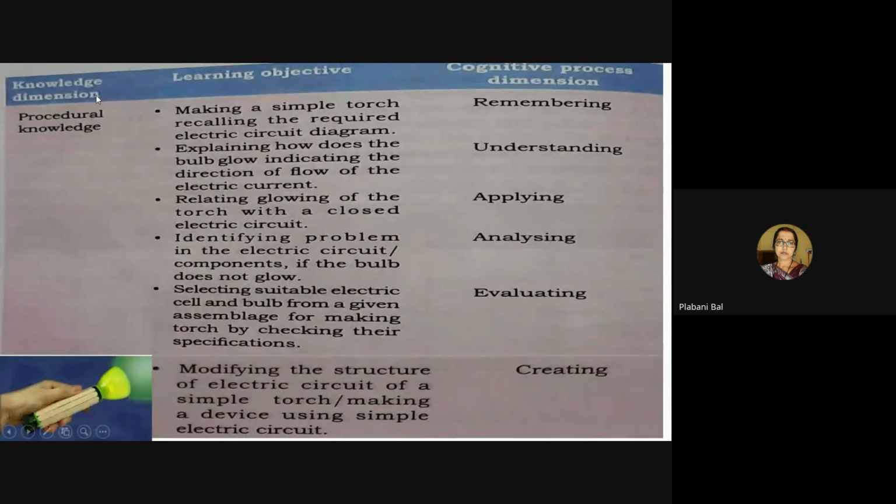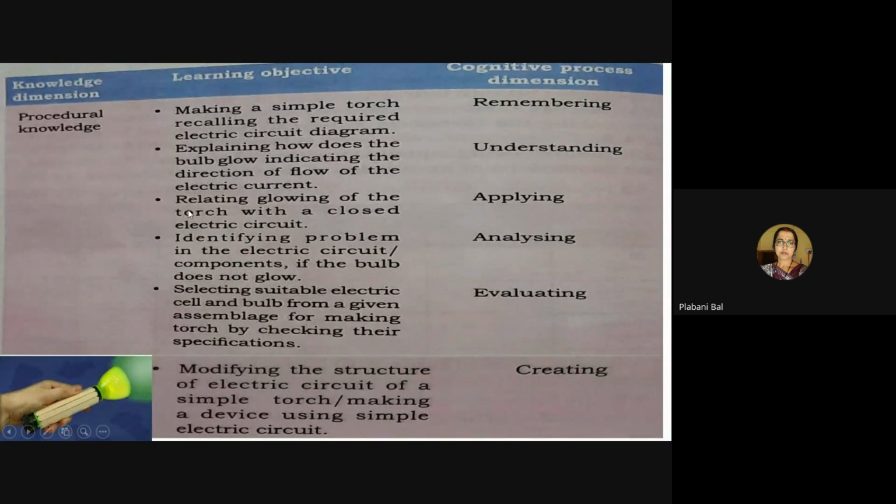But your knowledge dimension is the same, the procedural knowledge. Here we are talking about the procedure, how to use the knowledge of the procedure, the steps. By taking this dimension, we can fix our objective in all these 6 categories of the cognitive process dimension.